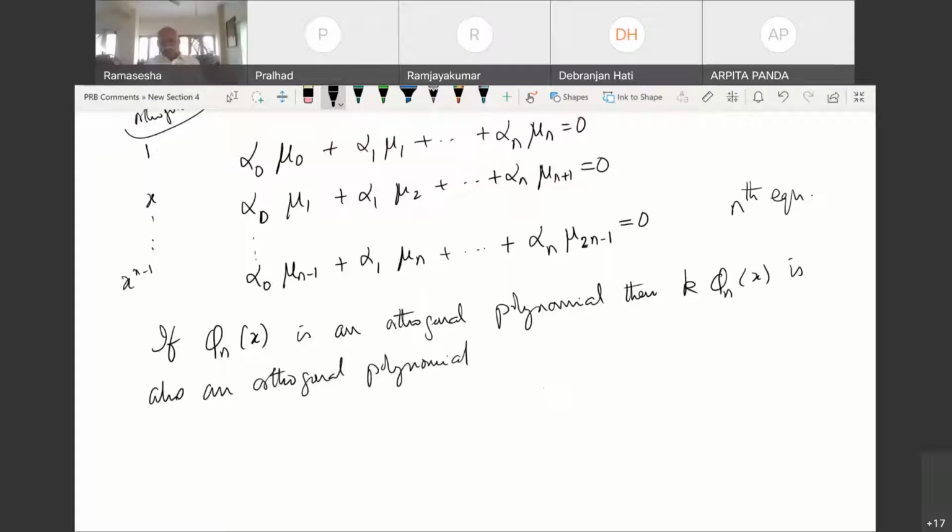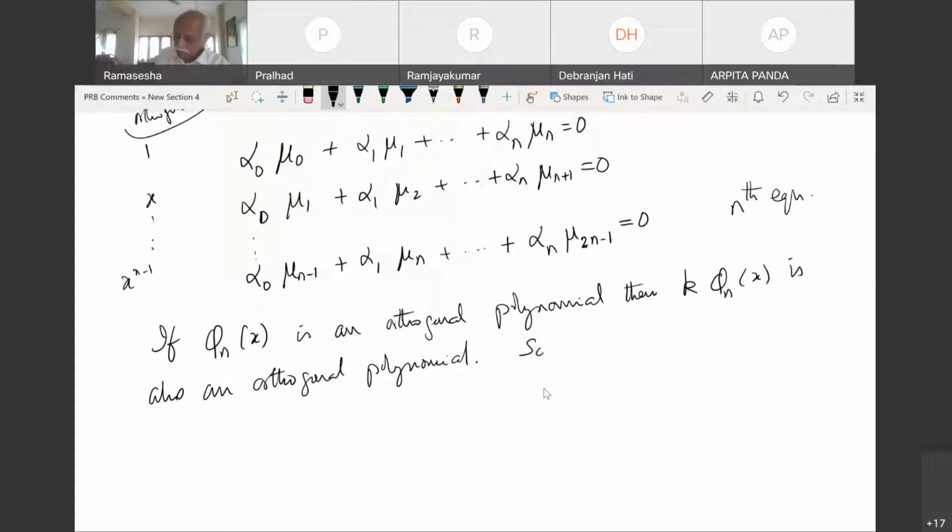Because that is the property of the integral, isn't it? If I multiply any function by a constant, then the integral gets multiplied by the constant. And so if that function was orthogonal to some function, then any constant multiple of that function is also orthogonal to the other function. Okay? Any doubts?